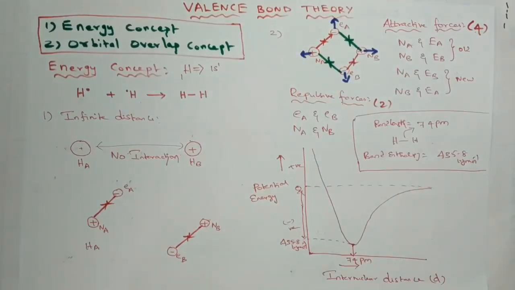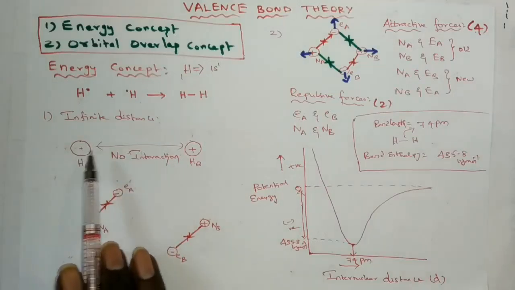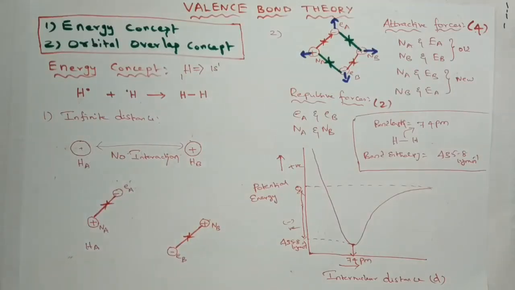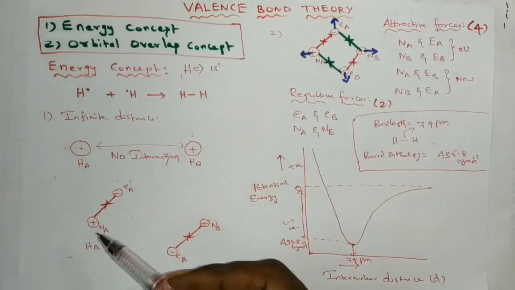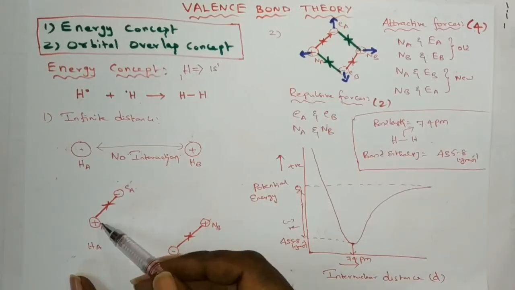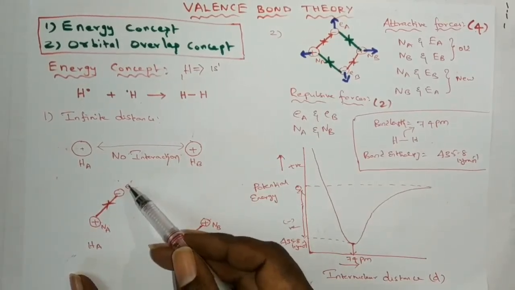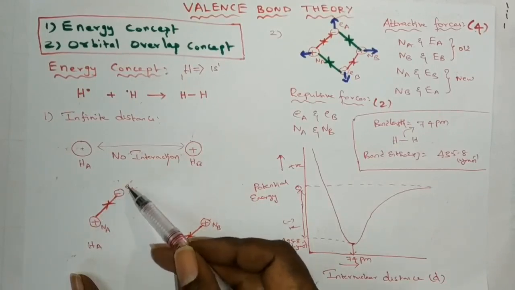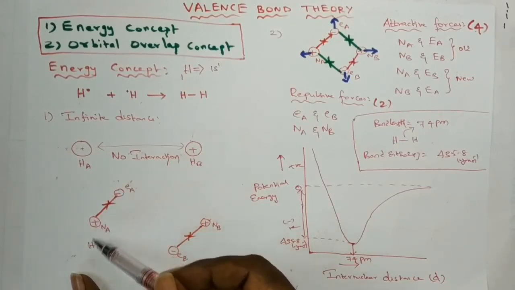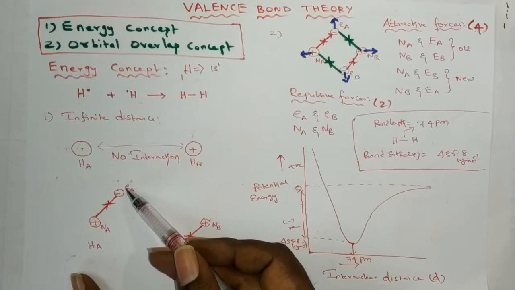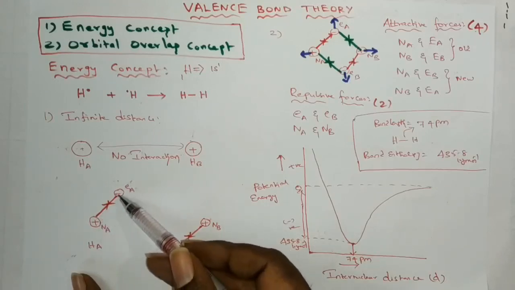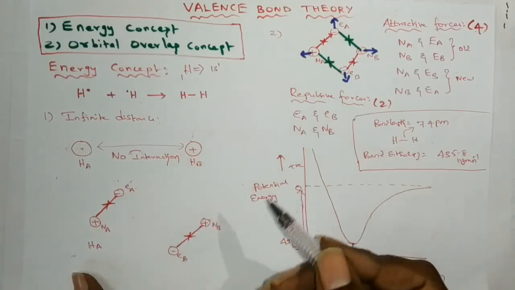Suppose we have two hydrogen atoms, HA and HB, kept at infinite distance from each other. Then there will be no interaction between them, but there will be interaction between the nucleus of hydrogen atom A, Na, and the electron of the same hydrogen atom A, that is Ea. Na is the nucleus of hydrogen atom A, Ea is the electron of hydrogen atom A. There will be a force of attraction between this nucleus and the electron.